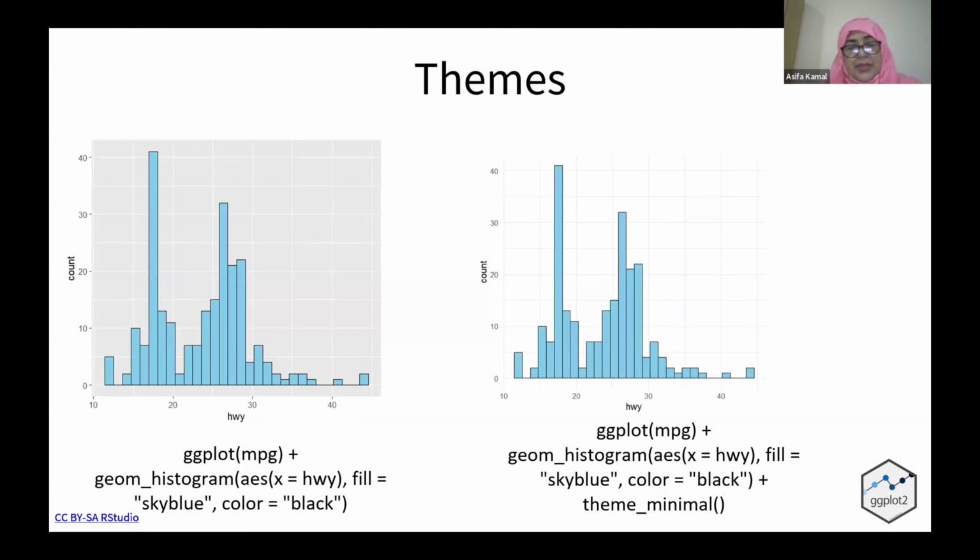When we use theme_minimal, it will clear the background. We can use it for publication because, since the background color is clear, it is a publication-friendly version. We can use many other themes according to our need or to meet our objectives.